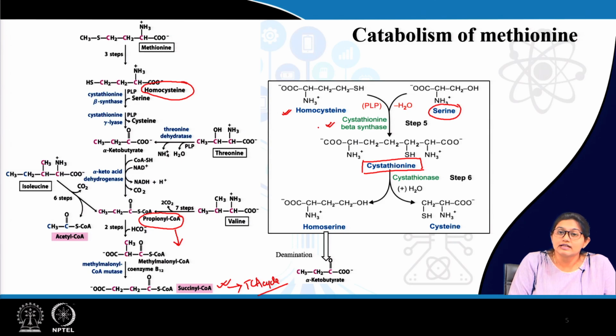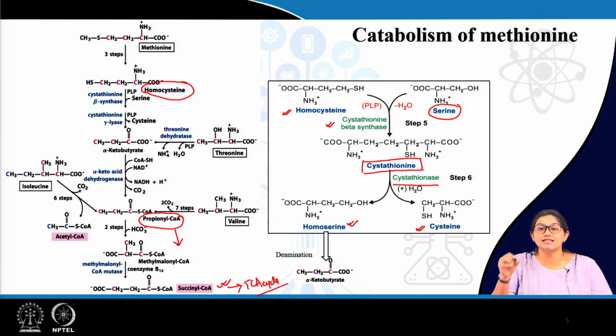Then cystathionase basically hydrolyzes this cystathionine molecule to form cysteine and homoserine. So, here you can see the amino acid cysteine is actually formed during the catabolism of methionine.